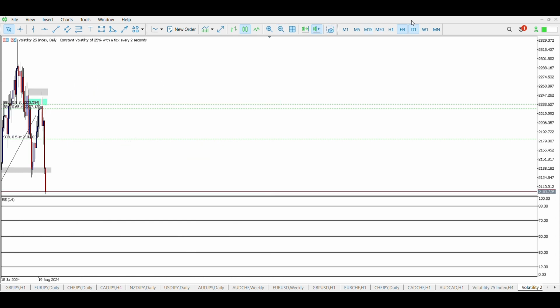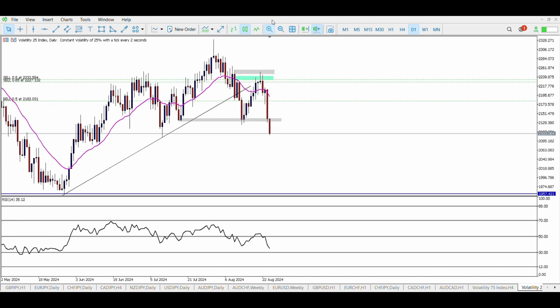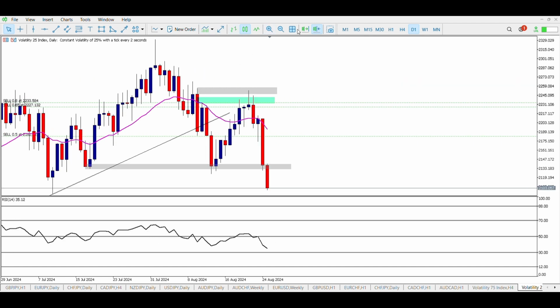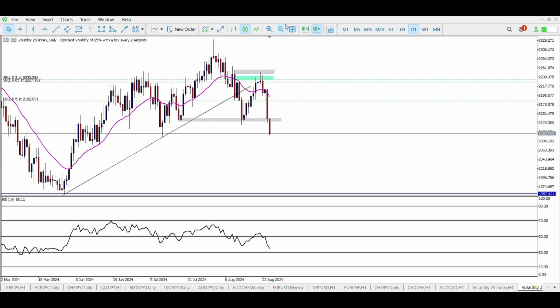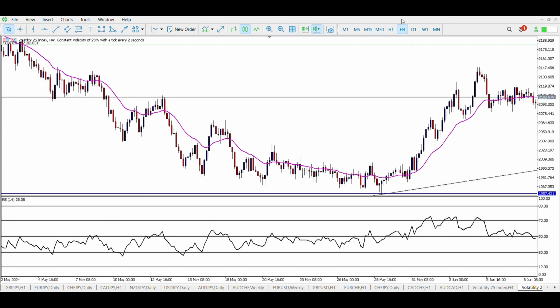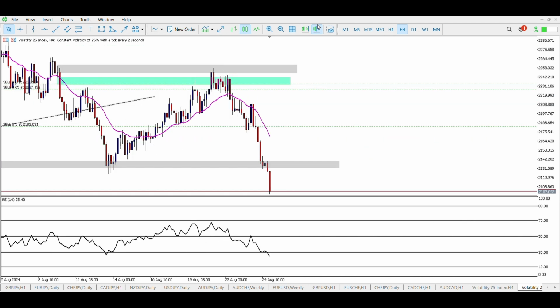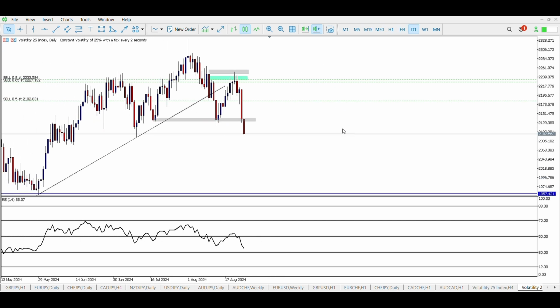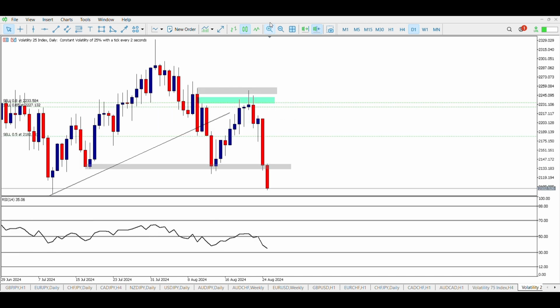So you want to see a breakout and retest of the 50 level on the RSI, and this should align with the bearish engulfing candle close below the 20 EMA. Once these two conditions are met, you can go ahead and add positions to your trade. And so like I said, that explains why I decided to add positions to the trade.